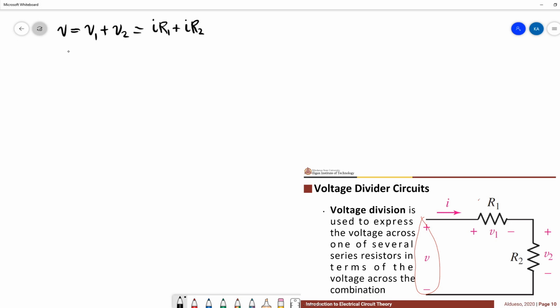So solving for I, we have I is just equivalent to V over R1 plus R2.